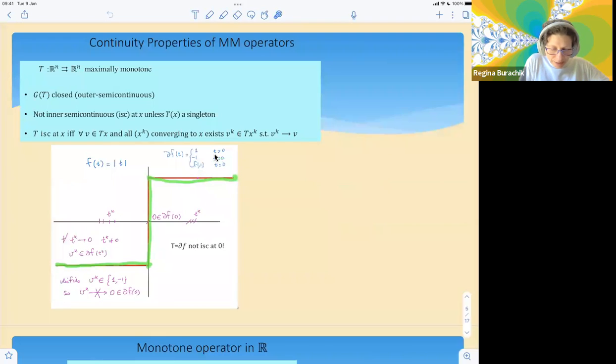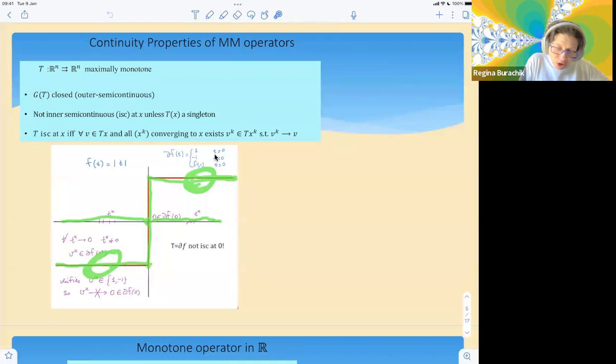Now what happens here? You want to find your minimum of this function, and your minimum, of course, is here at 0. So when you take any sequence of xk's that converge to 0, either you will get -1 as an image, or you will get 1 as an image of your gradient. You will never get something that gets even closer to 0, right?